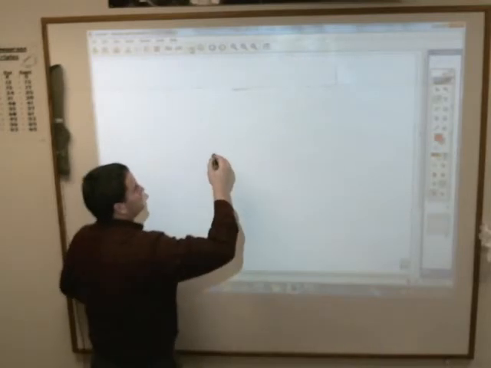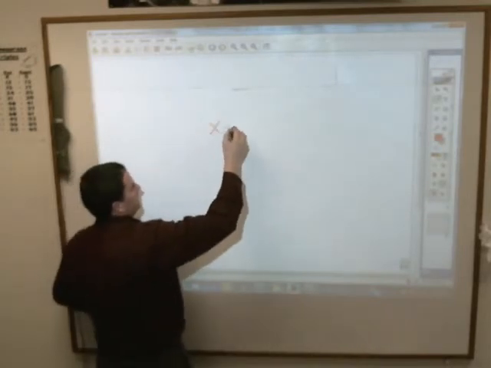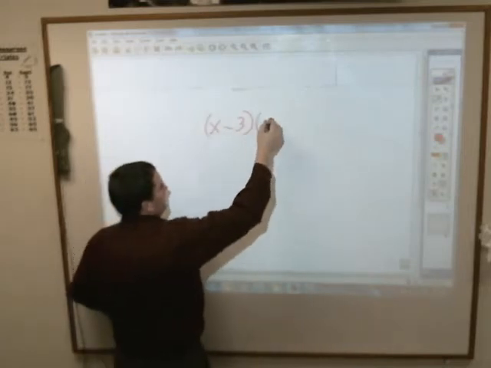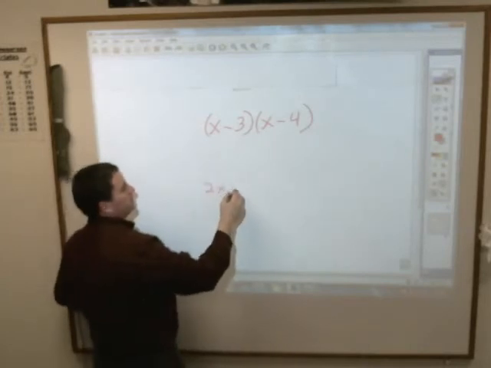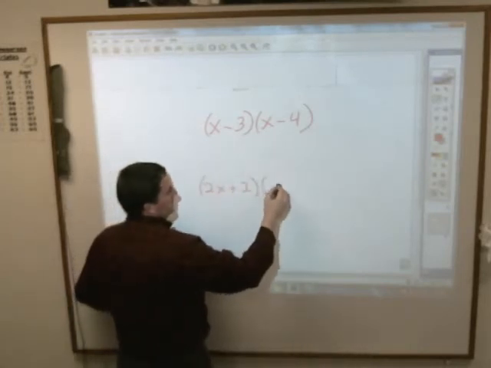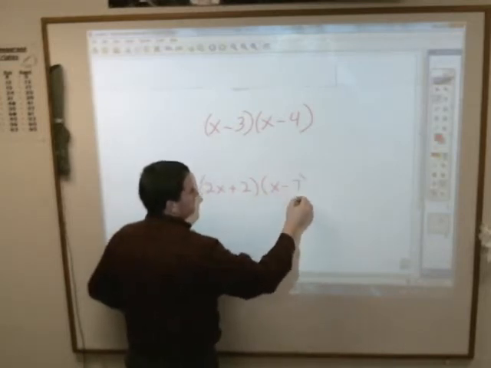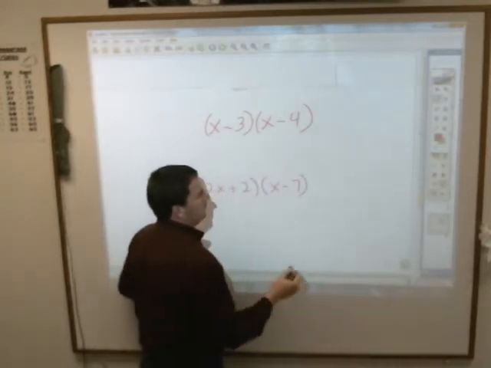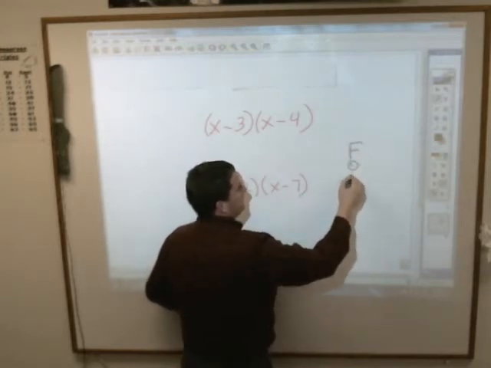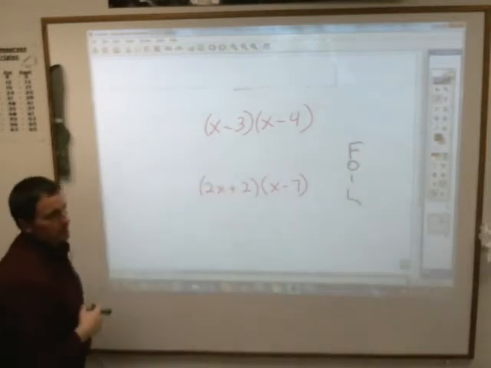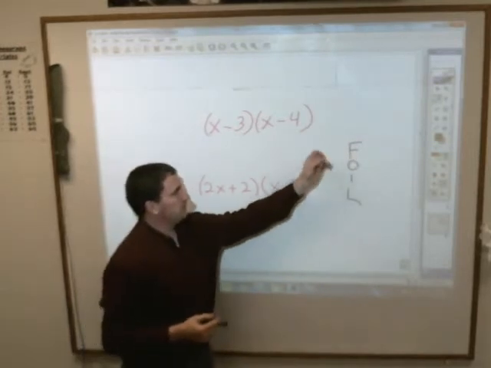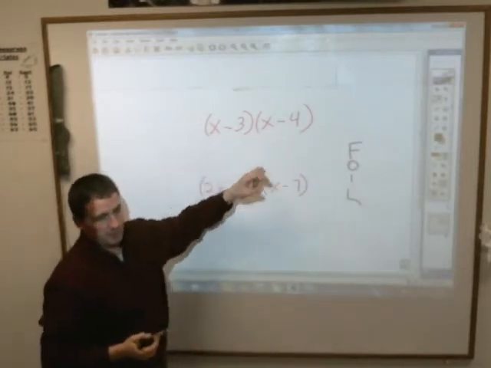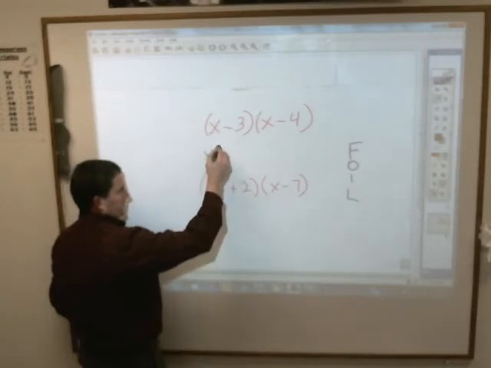Let me give you a couple examples here. Let's say I have x minus 3 times x minus 4. And let's try a harder one: 2x plus 2 times x minus 7. If you're thinking in terms of FOIL, right away you can tell me what the beginning term is and what the ending term is. The first term comes from what you get when you multiply the two first terms together, which is what? X squared, thank you.